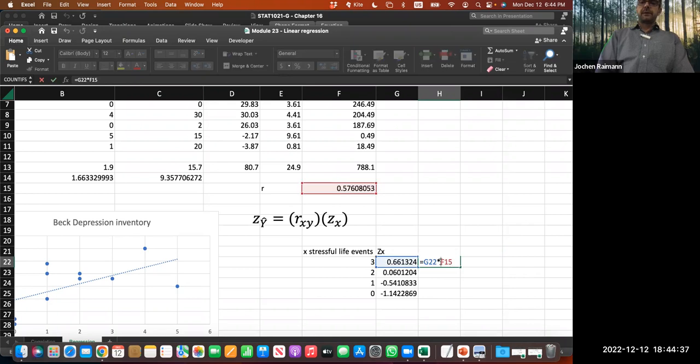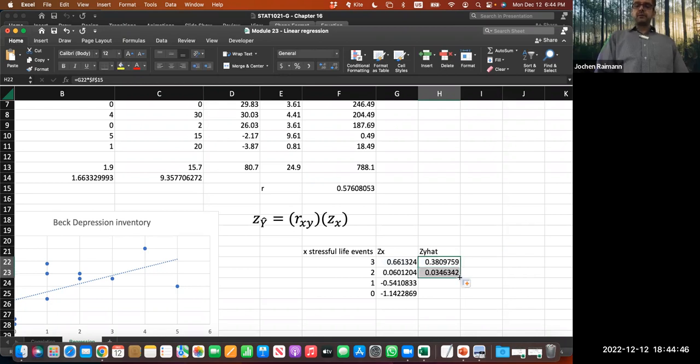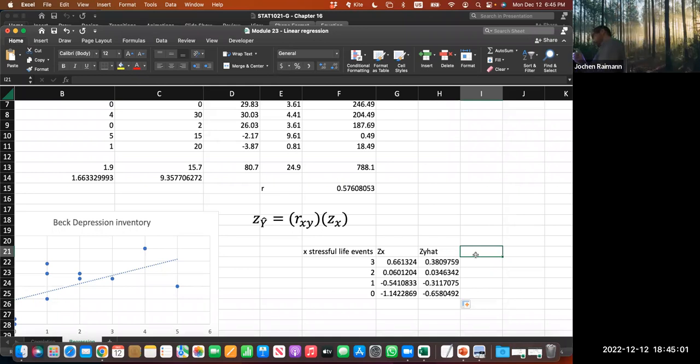Gets us essentially 0.38 for 3 stressful life events, 0.03 for 2, minus 0.31 for 1, and minus 6.66 for 0 stressful life events. So now remember, standardization is x minus mx divided by standard deviation.